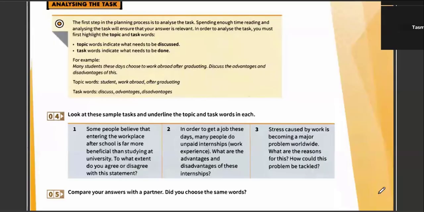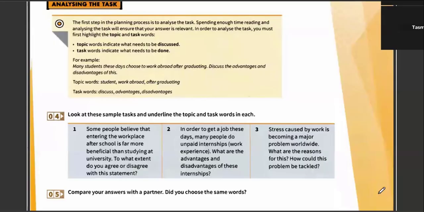When you pick up some words from the topic, it is easier for you to think with a very clear mind that, okay, we need to talk about students who are still studying, and we need to talk about students working abroad, not adults. And when are they working abroad?